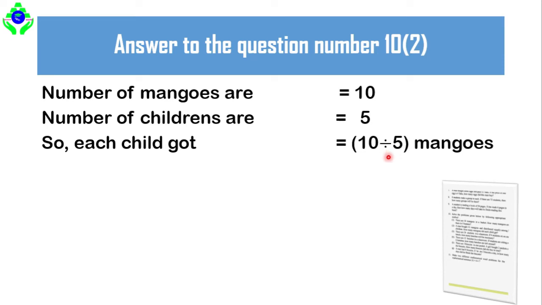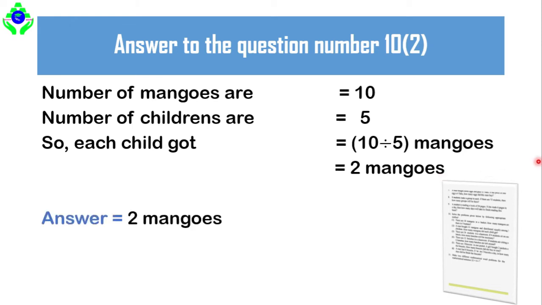As I mentioned earlier, whenever the total number will decrease, at that time you should apply the concept of division. So the total will be 2 mangoes. That means each child will get 2 mangoes. So that's the procedure for how we can solve this question. So after all, you can write an answer and it will be like this: answer is equal to 2 mangoes.